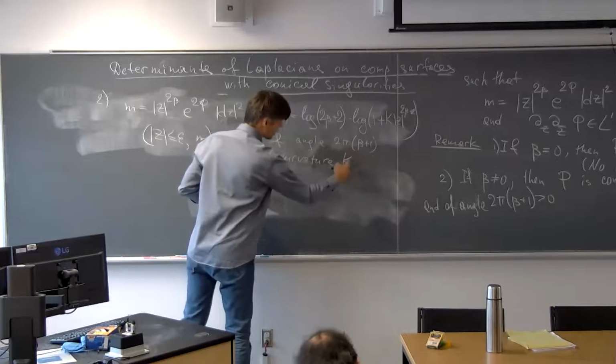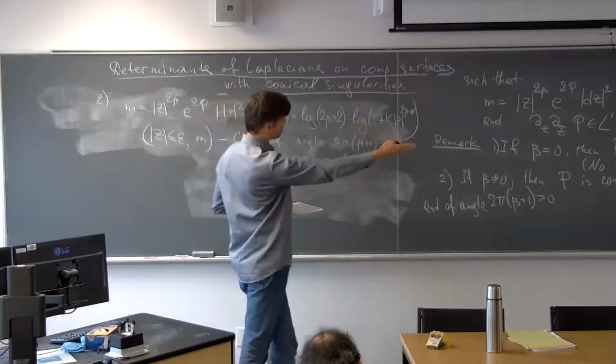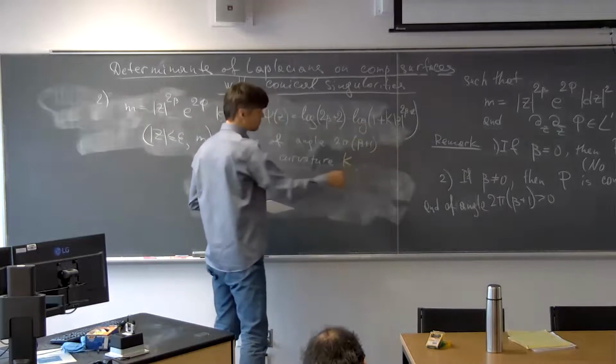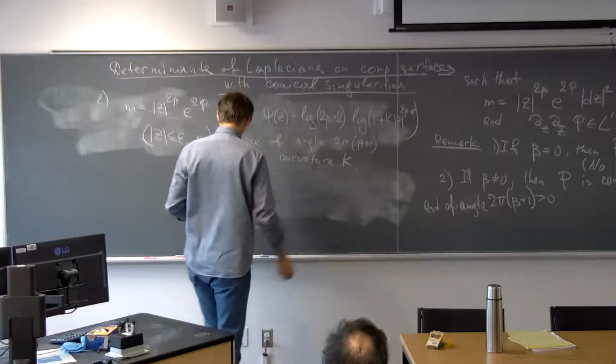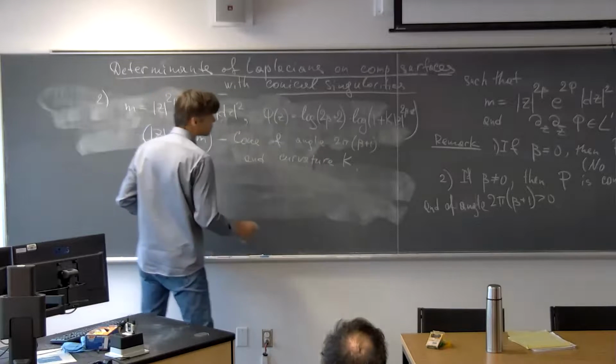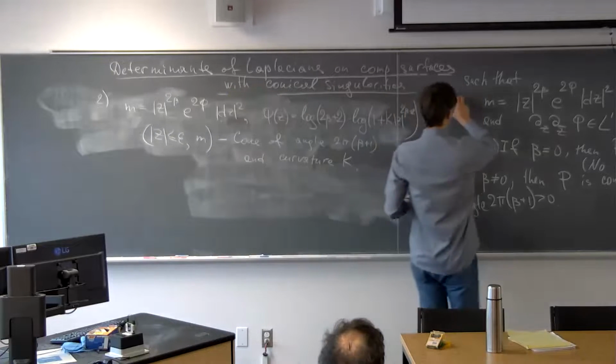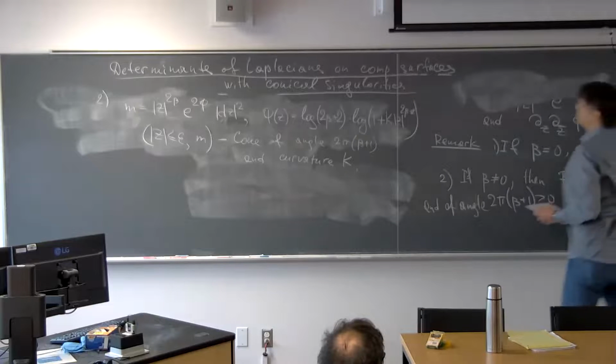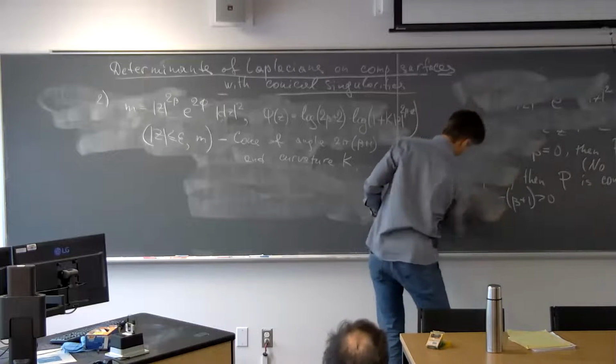So here k can be 0, then it's basically the previous example. K can be positive, like spherical cone, or it can be negative, then it's a hyperbolic cone. So those are the preliminaries.